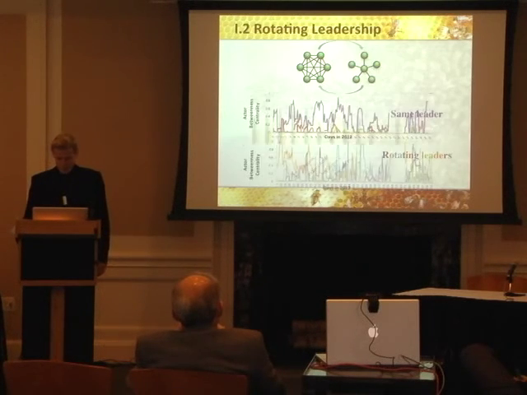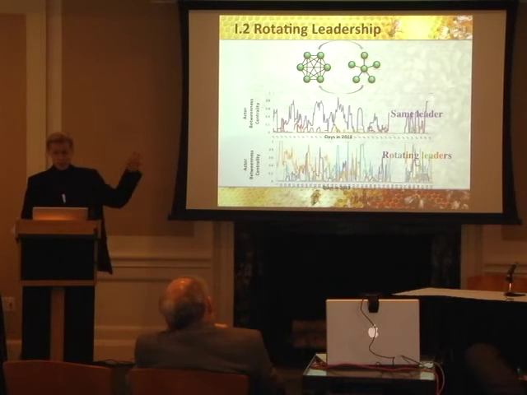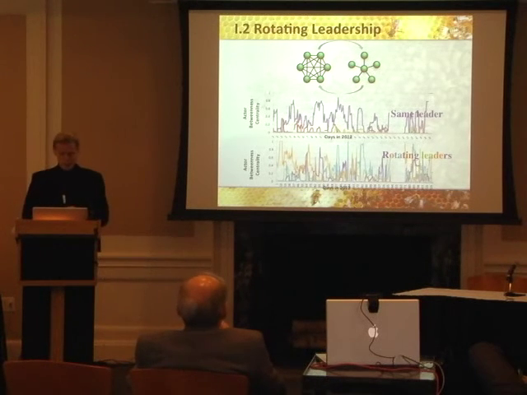And the next one is rotating leadership, and this means oscillation between fully connected and star structure. And you see at the top a team where you have always the same leader. He's oscillating somewhat, but it's always the same person. At the bottom, you see how the leadership is passed on many, many times.